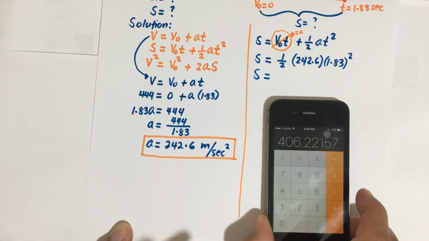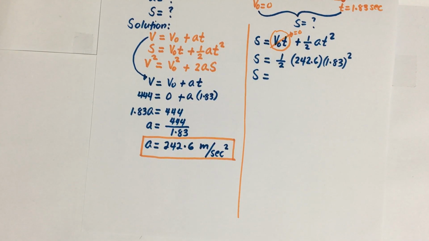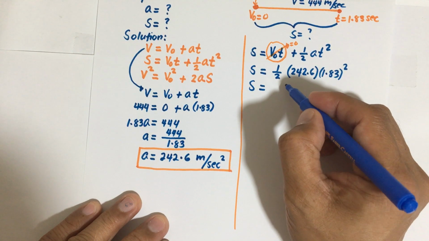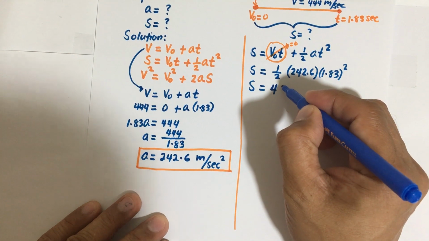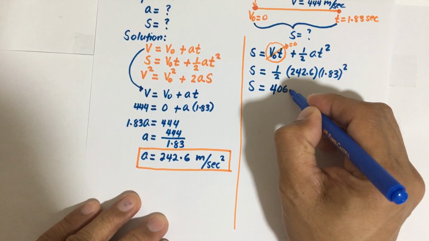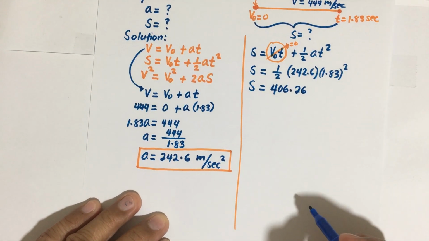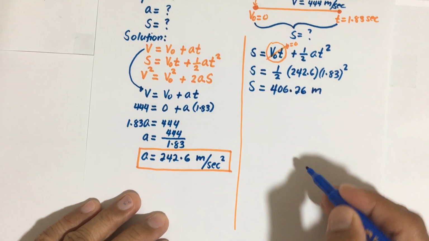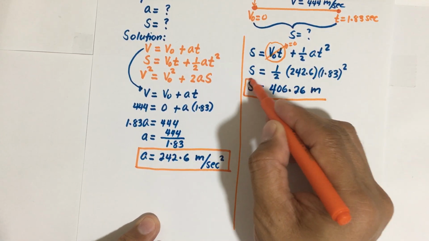So this is equal to 406.2 or 0.3. Now if you take all the decimal points, it will give us the exact value, which is 406.26. Okay, so what is the unit? The unit is in meters. Alright, so this is the result using the second formula.